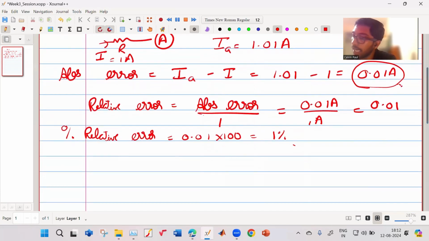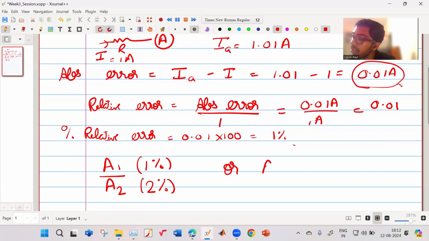Furthermore, say my quantity is A1 and I'm dividing it by A2. My percentage error in A1 could be 1%, and the percentage error in quantity A2 is 2%. So whether it is A1 divided by A2 or A1 into A2, what happens? This error will propagate.